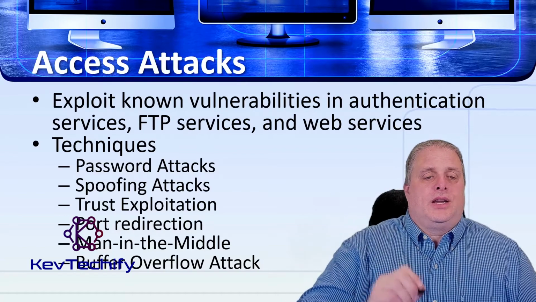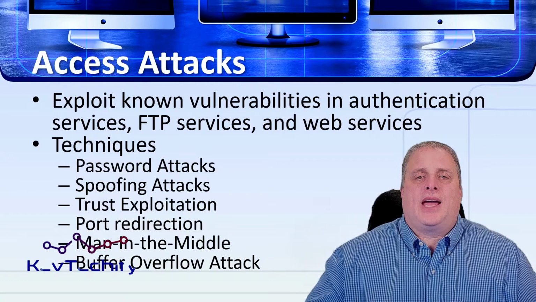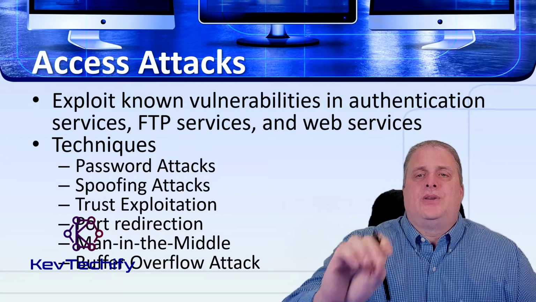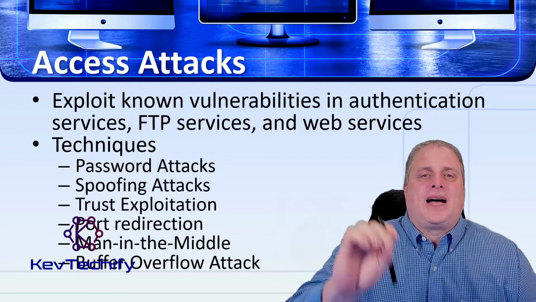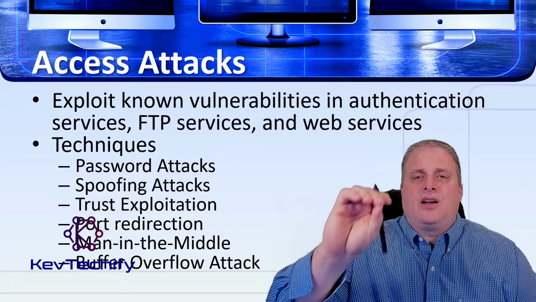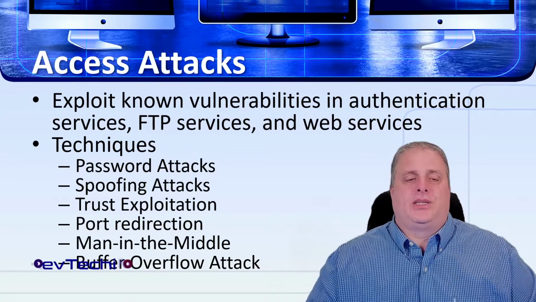The third technique here is trust exploitation. In a trust exploitation attack, the threat actor uses unauthorized privileges to gain access to the system, possibly compromising the target. Somehow he got these privileges, and then he compromises the system.